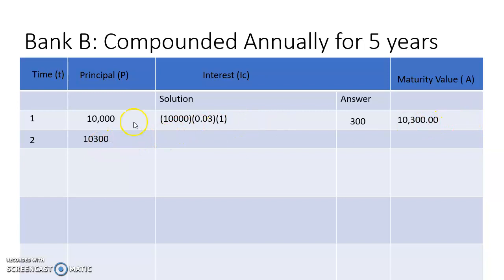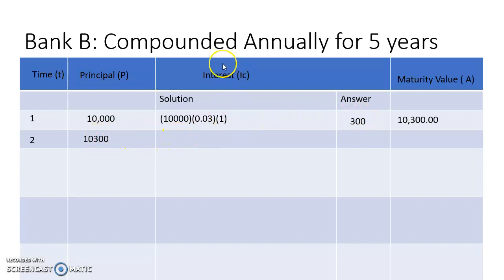Now the difference between the compound interest and the simple interest is that in the compound interest, the income from the previous year is included in the computation for the interest for the succeeding year. So, halimbawa dito, sa second year, ang principal natin, kasama na yung kinita niya sa unang taon. Nandito.